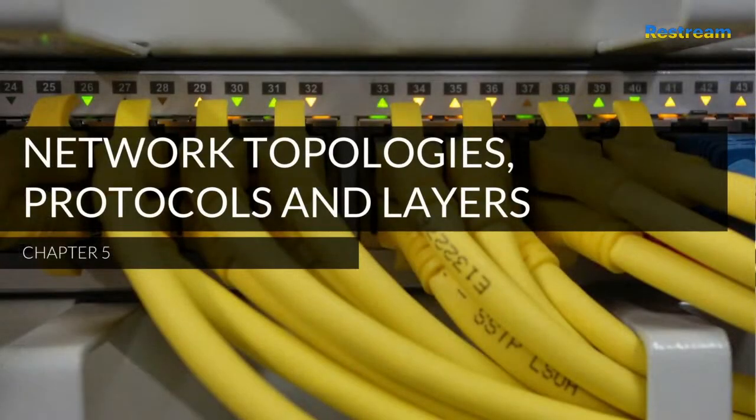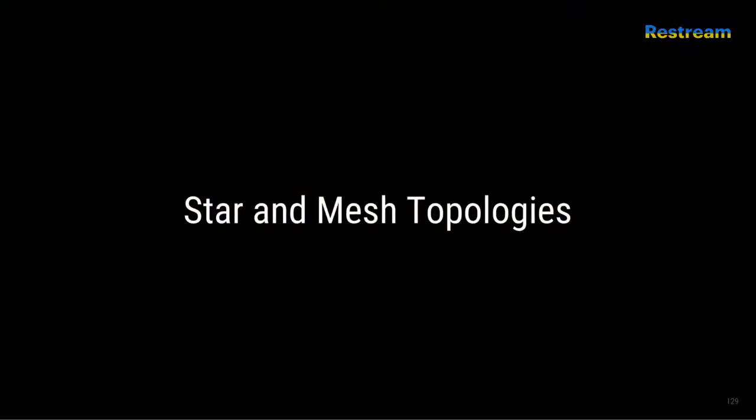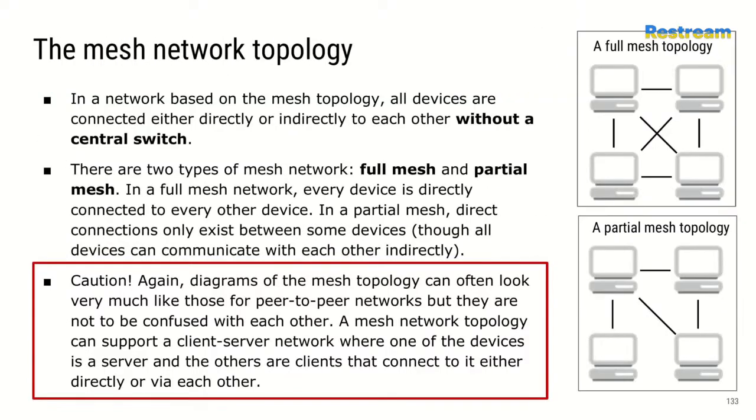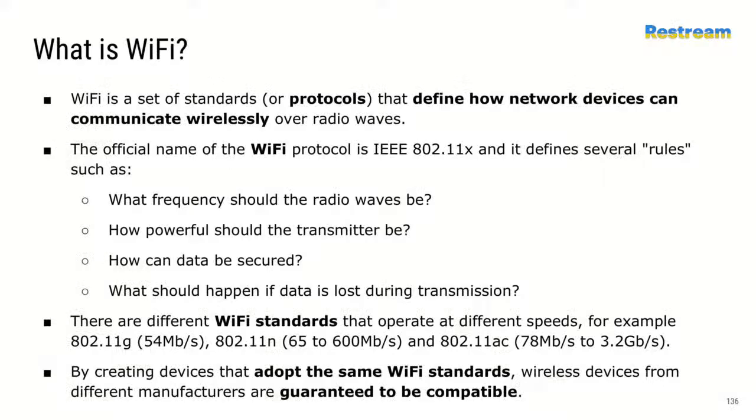Okay, so we've discussed network topologies and the layers of a network, but what we haven't looked at is the protocols. So in terms of Wi-Fi, Wi-Fi is a set of standards, a set of protocols that define how network devices can communicate wirelessly over radio waves.